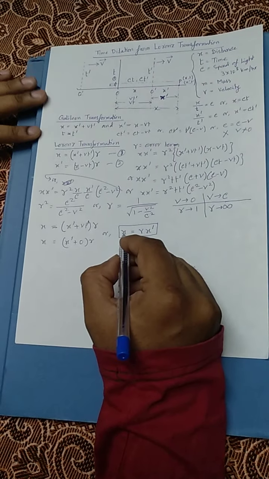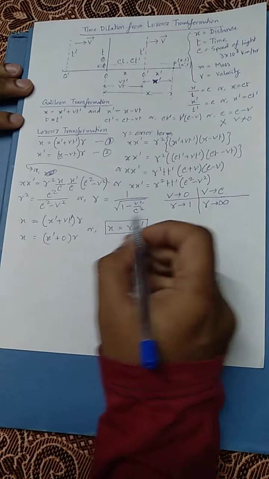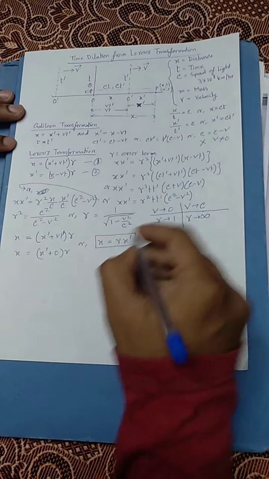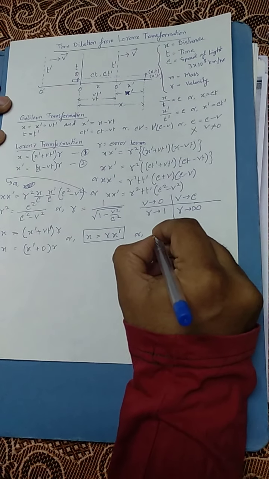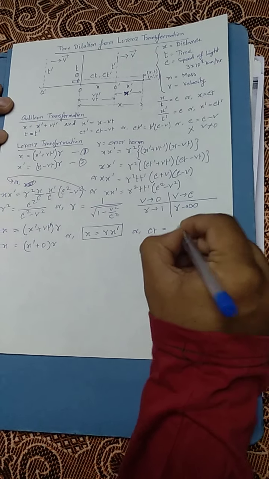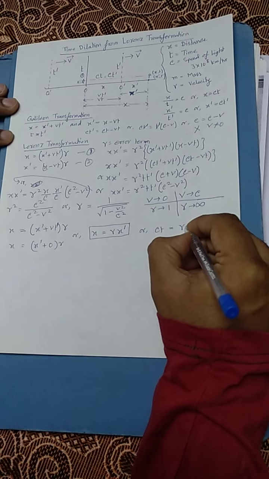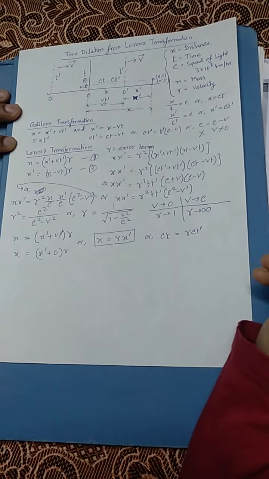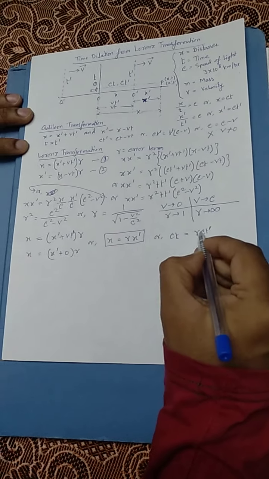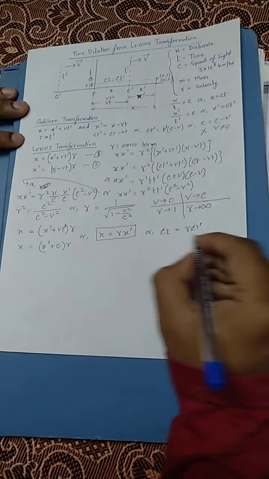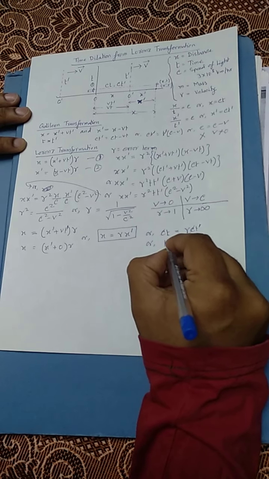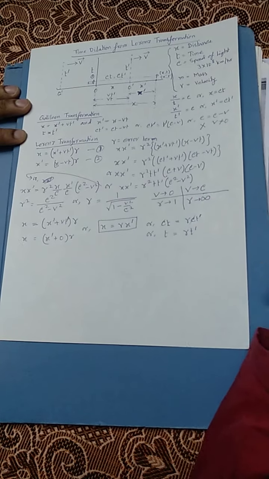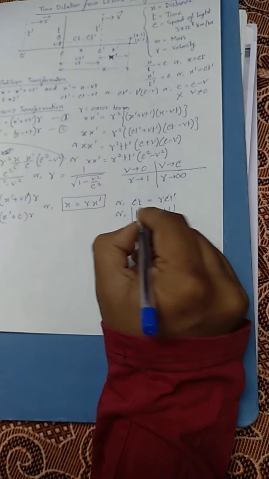Now if I put x equal to ct and x prime equal to ct prime here, then we have x equal to ct, that is equal to gamma times ct prime. So c will be cancelled from both sides, and we have t equal to gamma t prime. So this is time dilation.